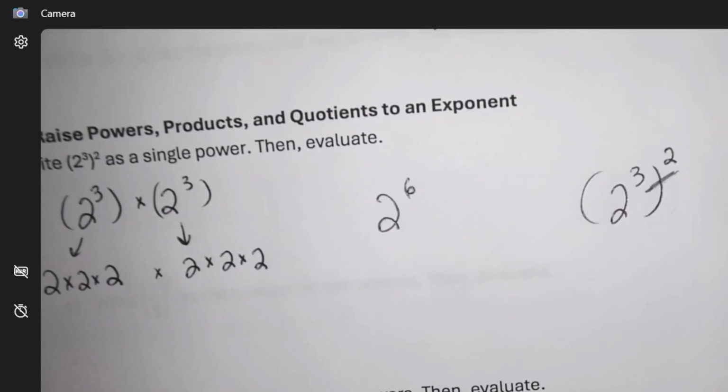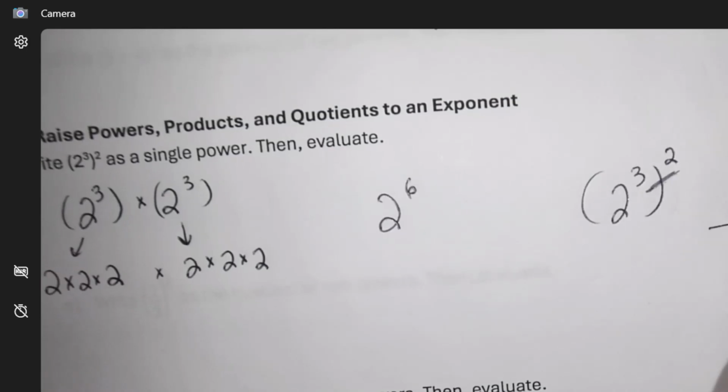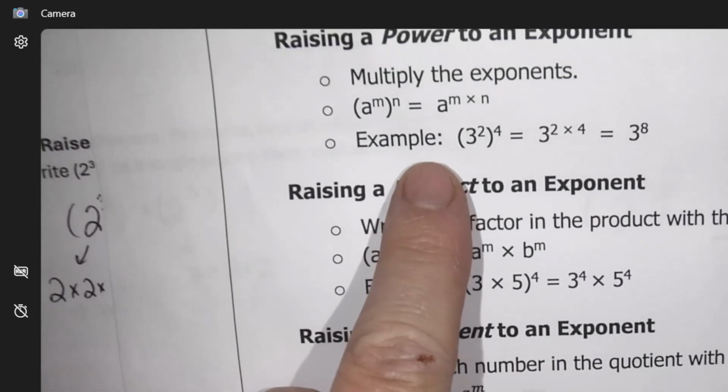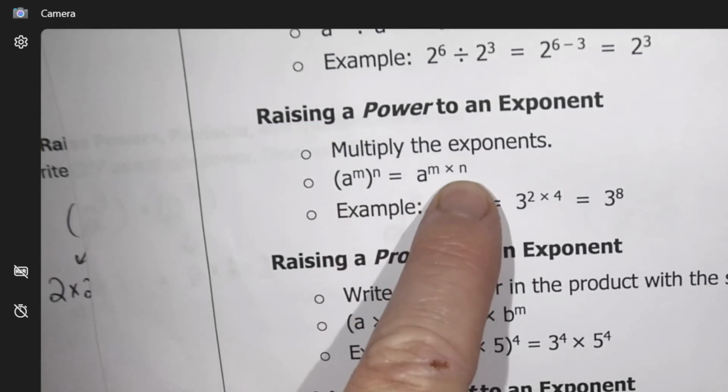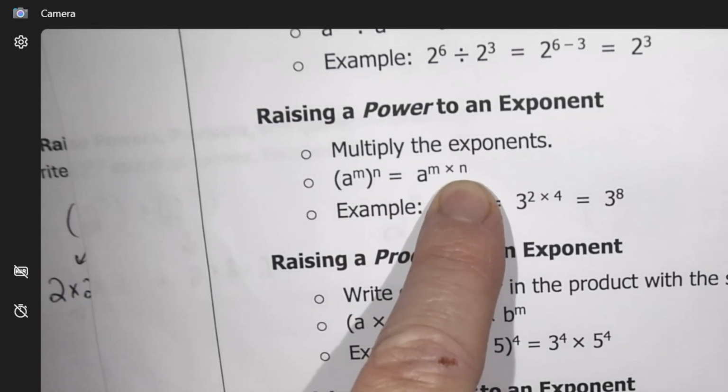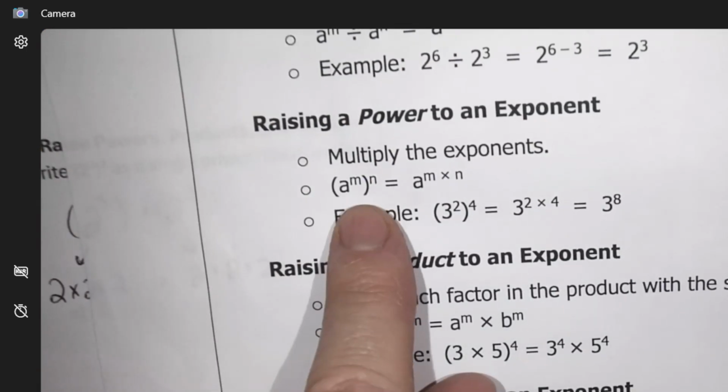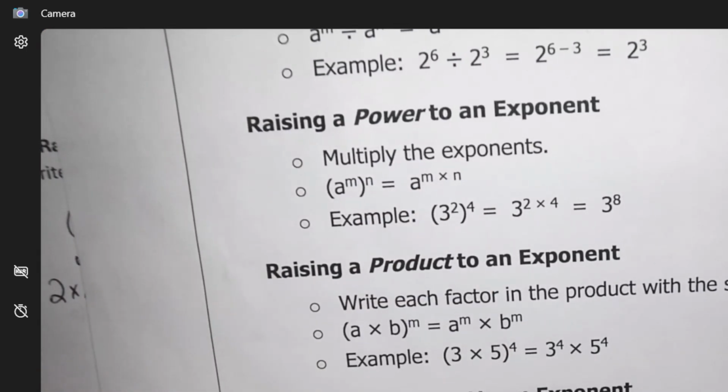Okay, so power to an exponent, you multiply. Here's the rule. You can see here, I'm multiplying the exponents. This sheet shows you them all. So when you have a power to an exponent, you multiply.